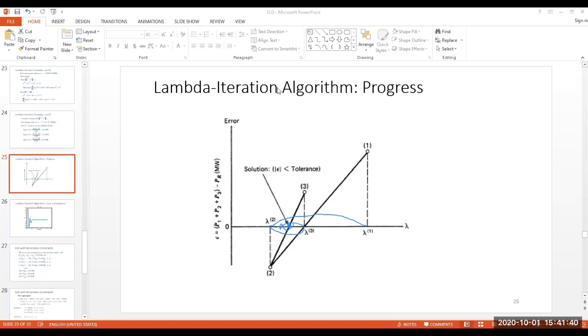The drawing is very difficult. So this is how it's going on. So finally it will come down to the optimal point.